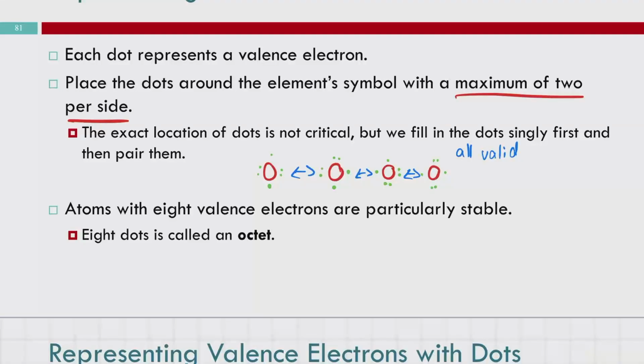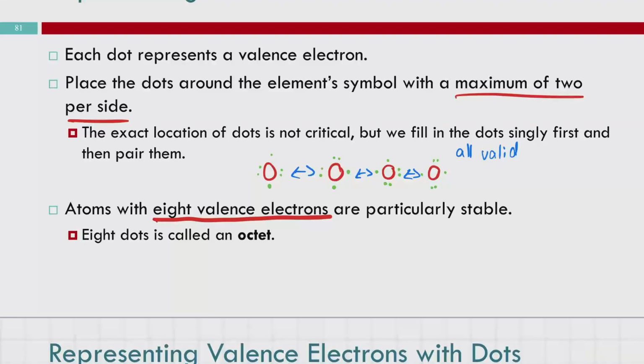Atoms with 8 valence electrons. What on our periodic table has 8 valence electrons? What column or group is going to have 8 valence electrons? Noble gases. Noble gases are especially stable. That's why you can breathe them in without dying, at least right away. Don't only breathe them in.